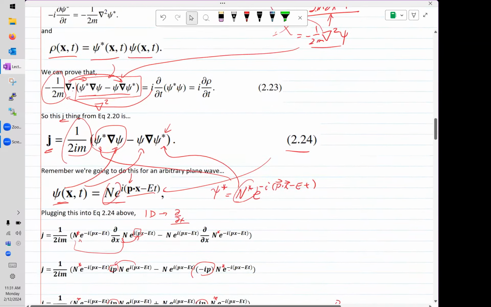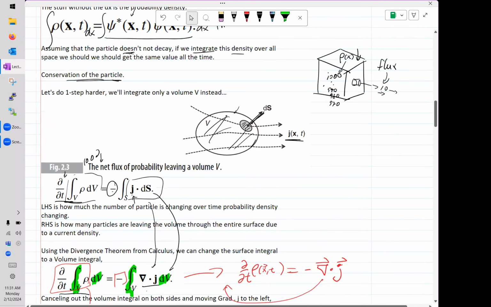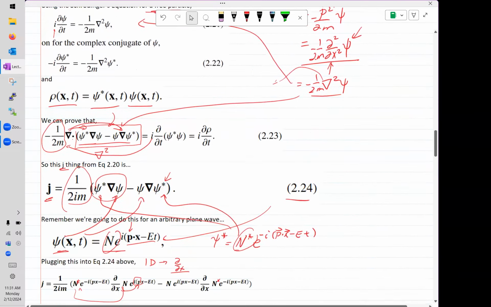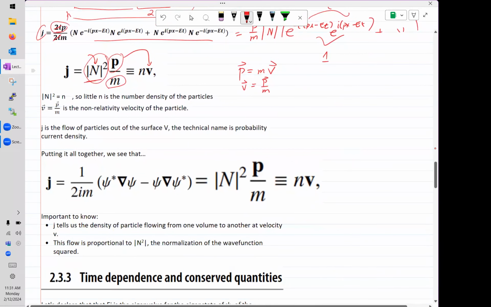Remember going back up to here, all the way up here, where we drew this thing. This current thing, now we have to go to the river or the electrons flowing around analogy. This is describing how many particles are flowing in and out of your surface. Big N is just a normalization in front of your wave function.